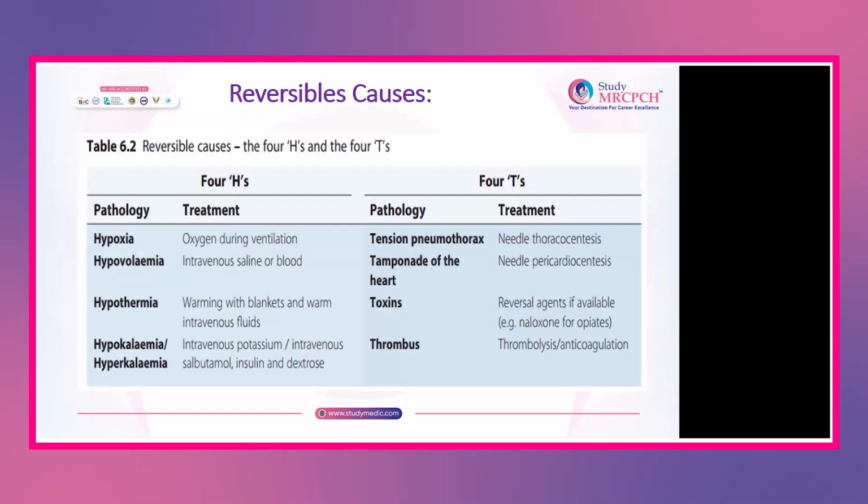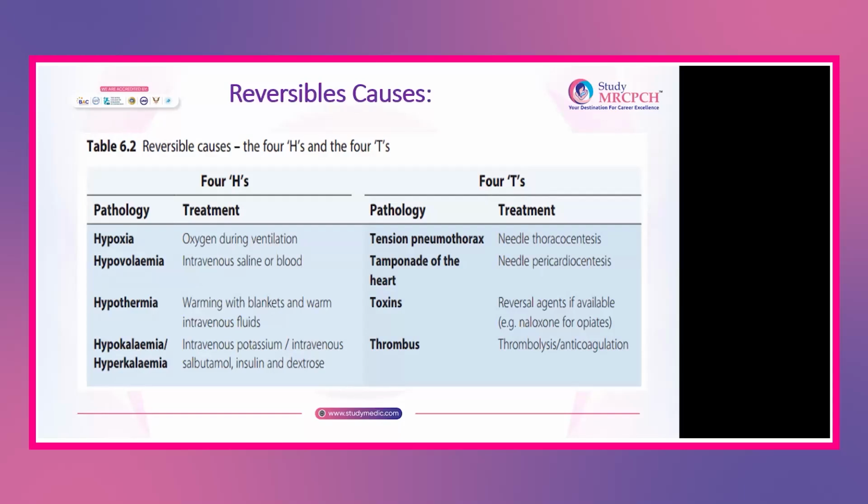Hypothermia, warming by blanket and giving warm intravenous fluid. In hypokalemia, we will give intravenous potassium, but in hyperkalemia, we will give nebulized salbutamol plus insulin and dextrose, to let the extra potassium enter the cell.